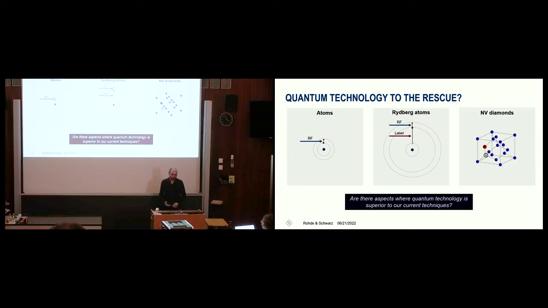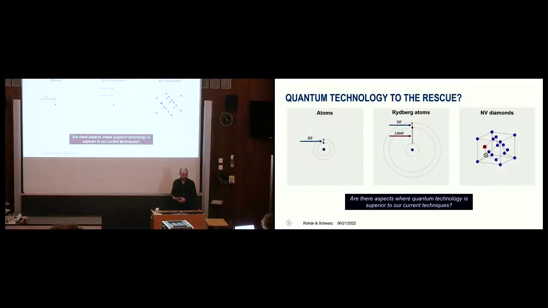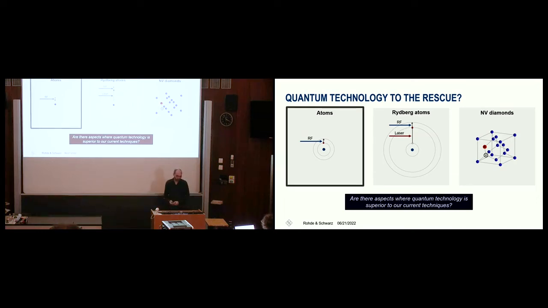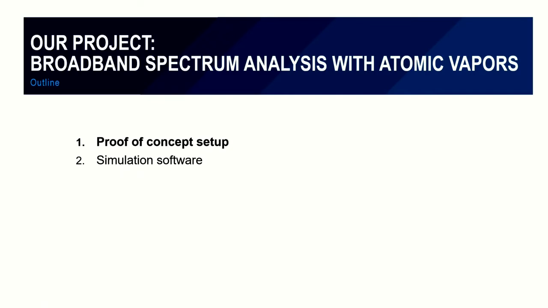In principle, we are interested in all of those systems because we see in each system opportunities to improve our current measurement devices. It just happens that in this project that I'm currently working on, we are focusing on atomic vapors. So let's look a bit into the project that we are doing right now.